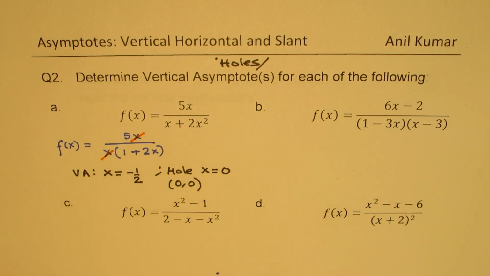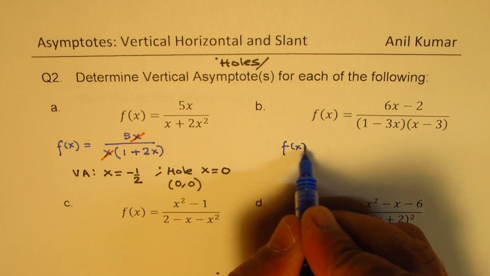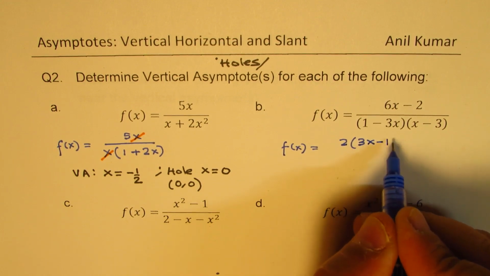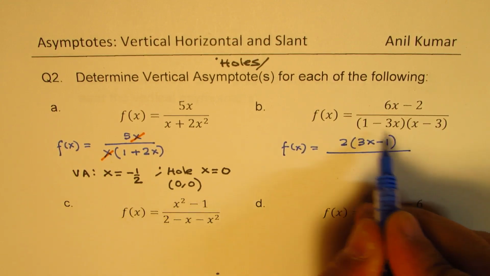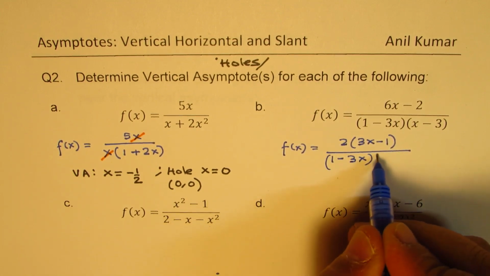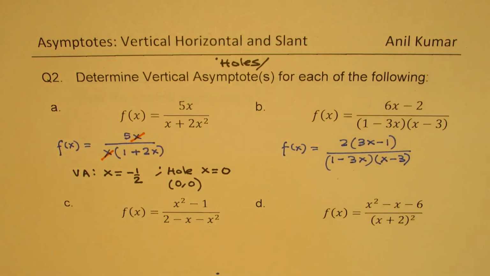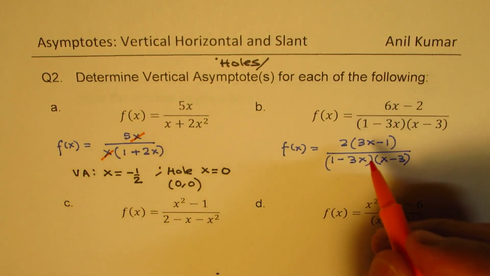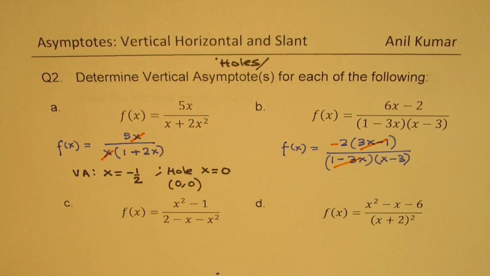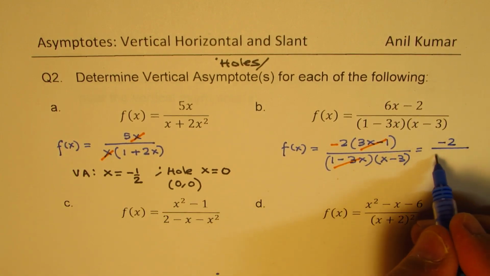Now, next example, let us factor this also. So we get f of x equal to 2 is common, so we get 3x minus 1. Denominator is (1 minus 3x) and (x minus 3). As you can see, once again, we can actually cancel 3x minus 1 and 1 minus 3x, with a negative sign, correct? So we could write this as equal to minus 2 over x minus 3.